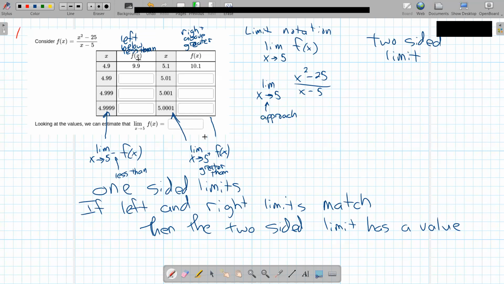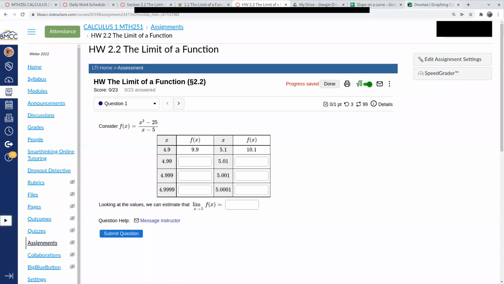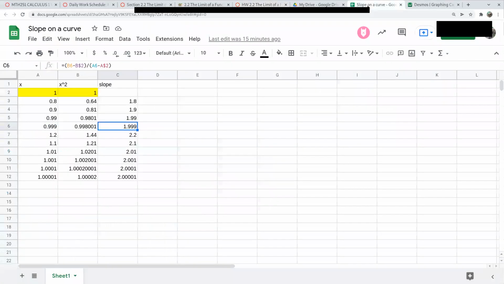So we're going to pull this into that spreadsheet I was playing with earlier. I'll show you how to modify that spreadsheet for this particular problem. I'm going to make a new tab on this. If you already made a copy of it, you might want to make another copy of it or just follow along.